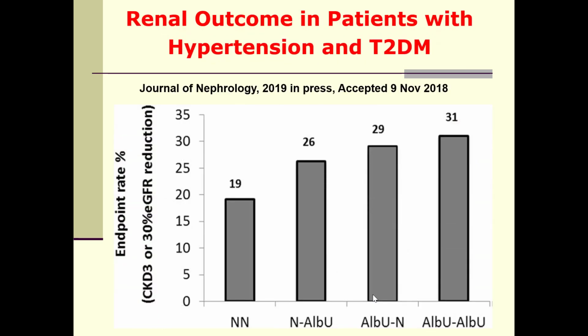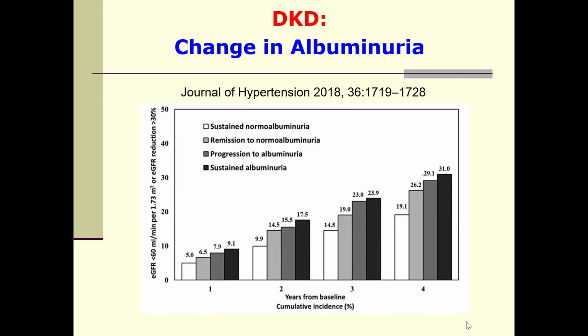Another piece of data, very interesting, is on patients with persistent normal albuminuria. So the starting point and the end point albuminuria was normal, and these are the patients with normal albuminuria at the beginning, then it changes, progressed toward albuminuria, and then regressed toward normal albuminuria, or persistent albuminuria. The data showed that all patients can progress.